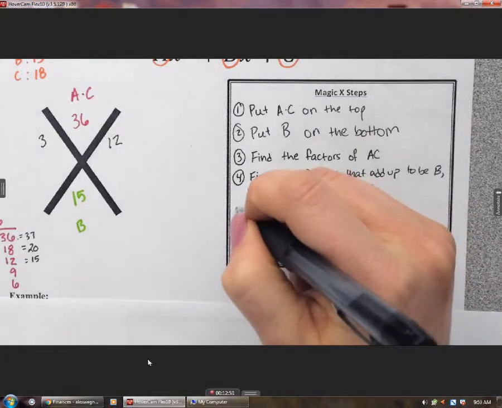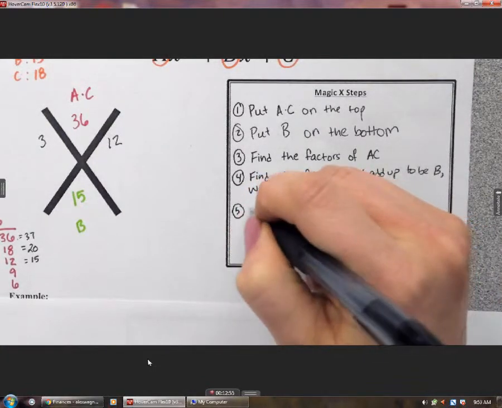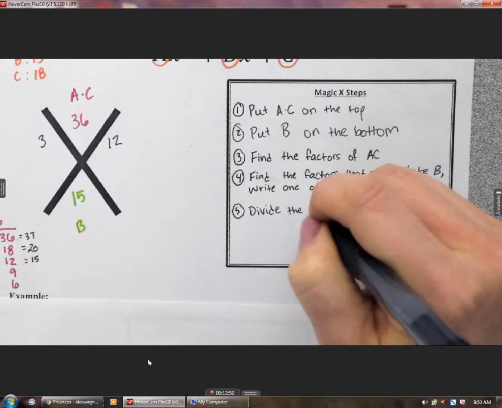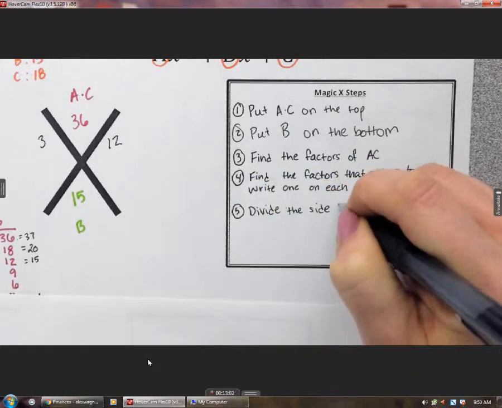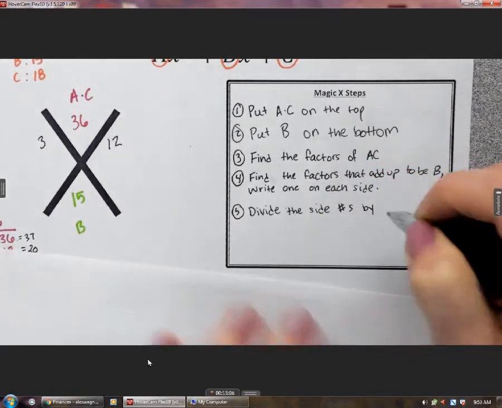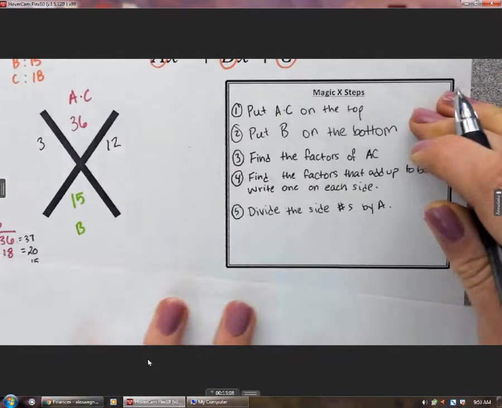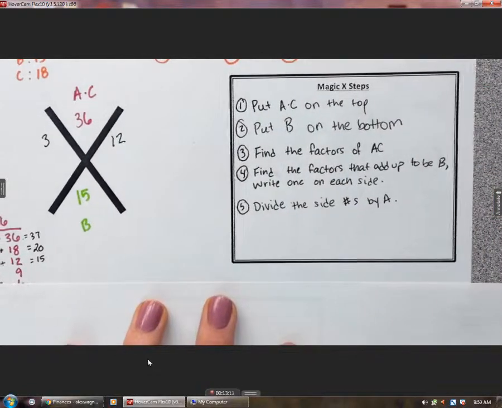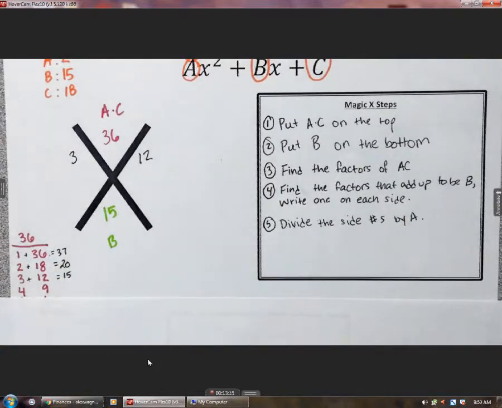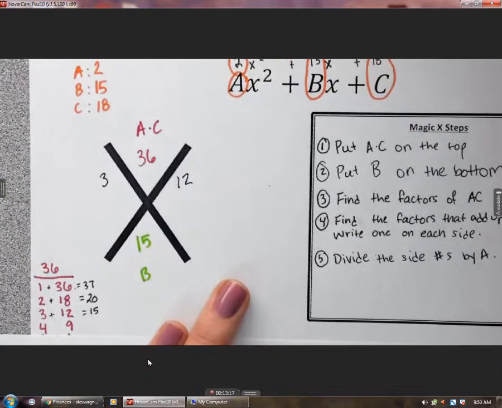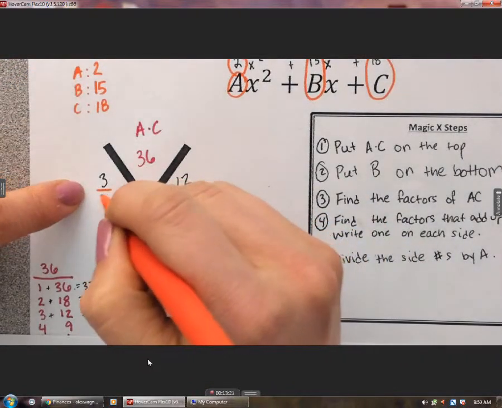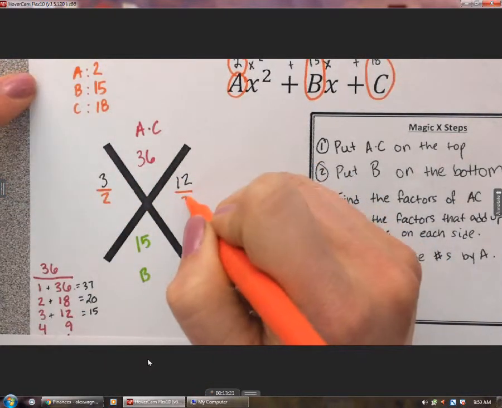The next step is to divide the side numbers by A. Divide the side numbers by A. So if I'm going back to my side numbers here, my A value was 2. So I'm going to do 3 divided by 2 and 12 divided by 2.